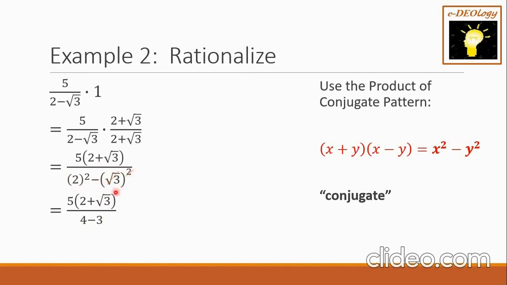Only the radicand 3 will come down here. So this is 4 minus 3. So when we simplify further, the 4 minus 3 becomes 1. And the same denominator is here. And for the final answer, we simply remove that denominator 1. So this is our final answer.